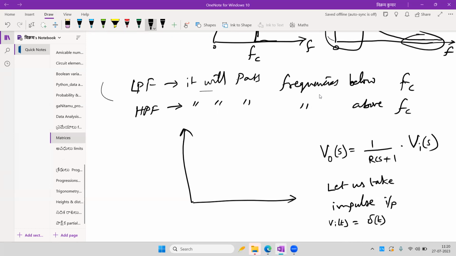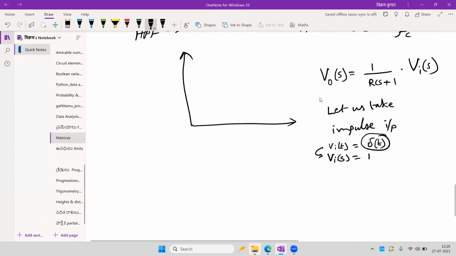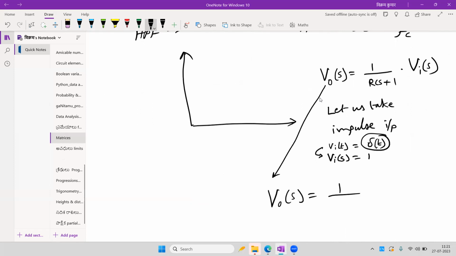Then the Laplace transform, that is Vi of S, is simply 1. The Laplace transform of the impulse function is just 1. Now V naught of S is equal to simply 1 by RCS plus 1.